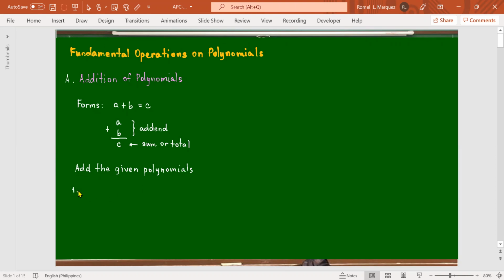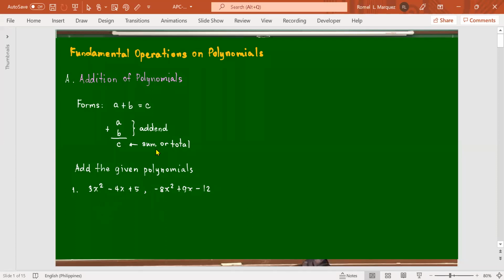Number one, if I have, let's say, 3x squared minus 4x plus 5 and another polynomial, negative 8x squared plus 9x minus 12. So we're asked to add these polynomials, no?